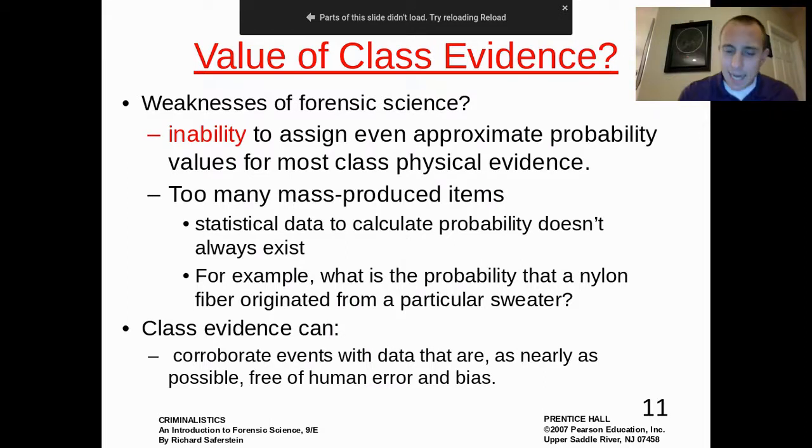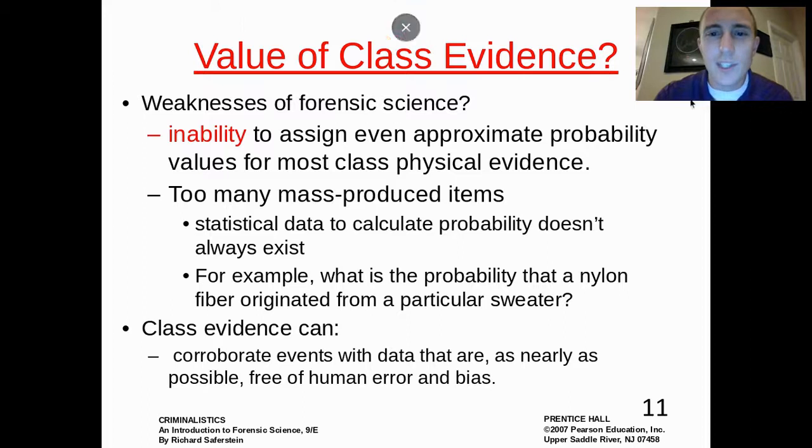Now, as I mentioned with the boots example here, unfortunately, it's very difficult for us to get actual numbers for class evidence because of how mass-produced most things are. So it would be very difficult to figure out how many people in the metro area have a pair of those Ariat size 9 boots, and we would have a very low confidence in that number.